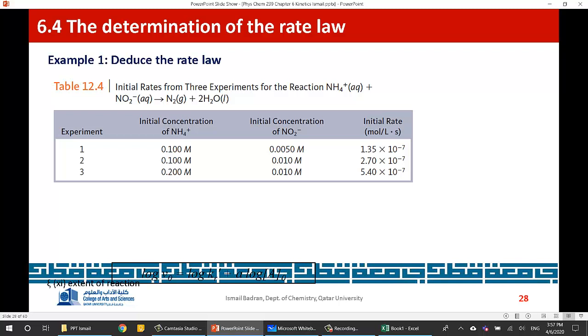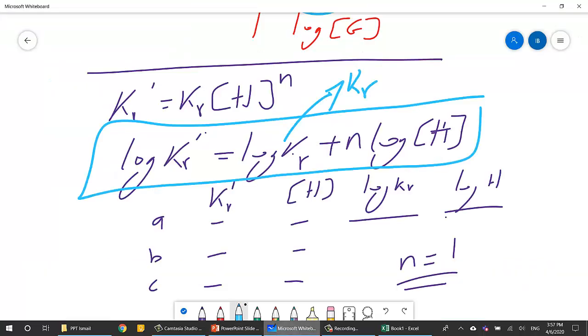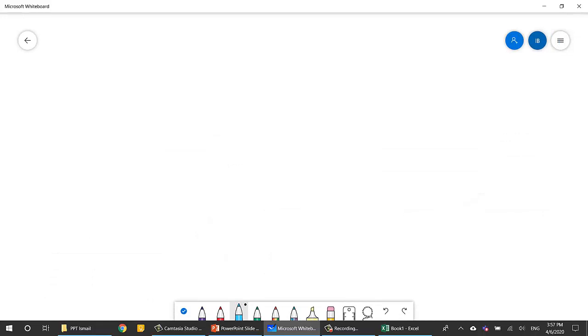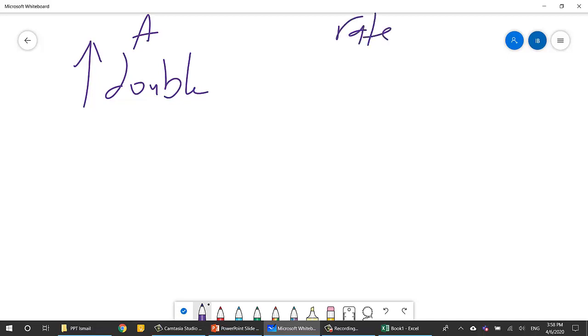Now the rule here says if you double the concentration of something and the rate is doubled, then this is first order. So if you double A and the initial rate is doubled, this is first order.